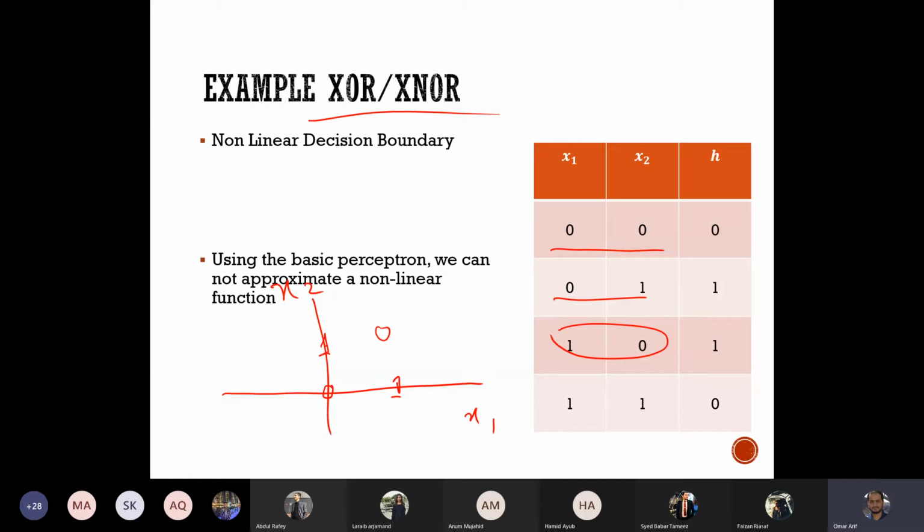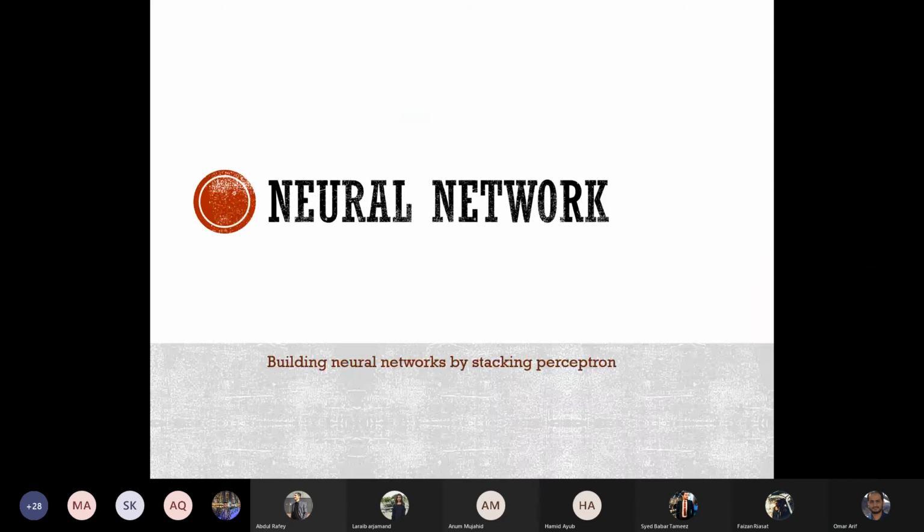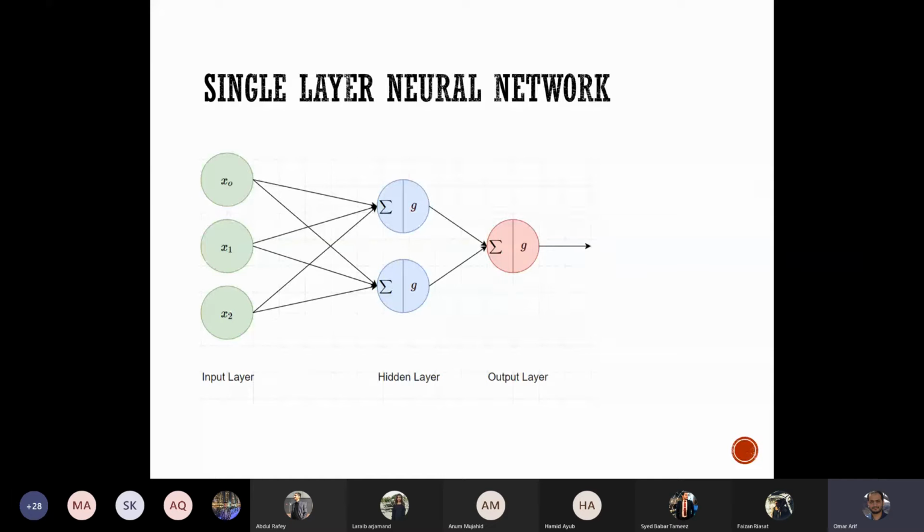To get a non-linear boundary, we are going to stack different neurons together, and then we will see for this case and for other cases also that we will be able to get a non-linear boundary. This is one architecture of stacking different neurons.